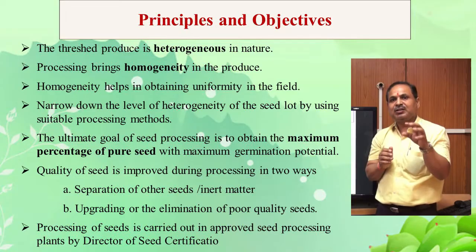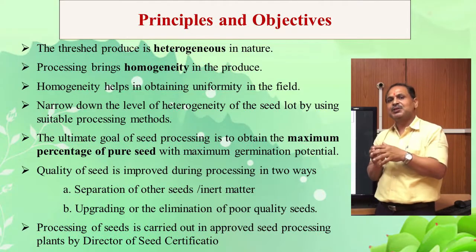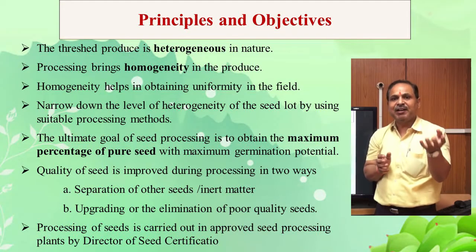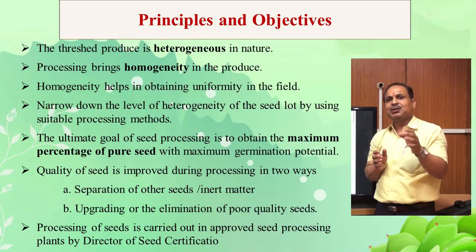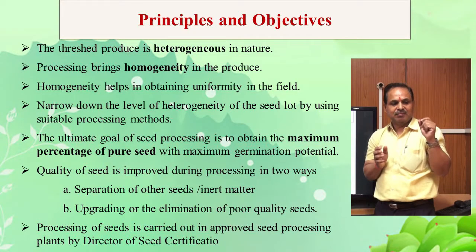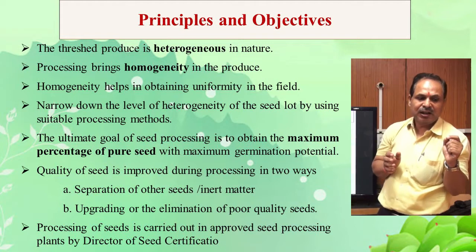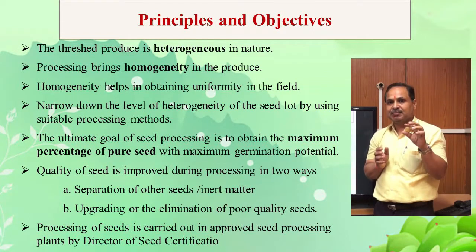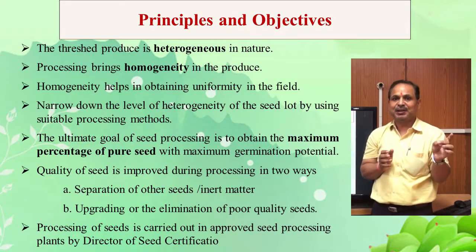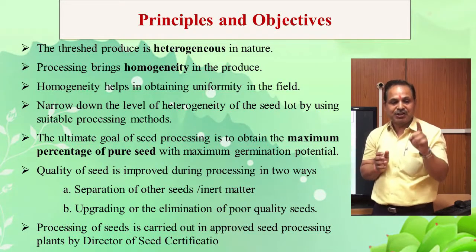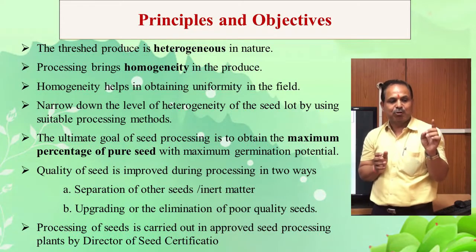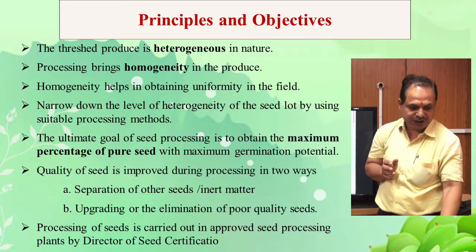In the seed lots, there are some seeds which are diseased, infected, or shriveled. These should all be eliminated from the seed lots, and processing of the seed is carried out in approved seed processing plants. Here, we must remember that the processing plants must be registered with the seed certification agencies, and approved by the Directorate of Seed Certification.